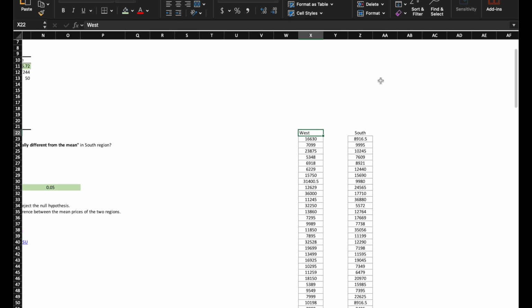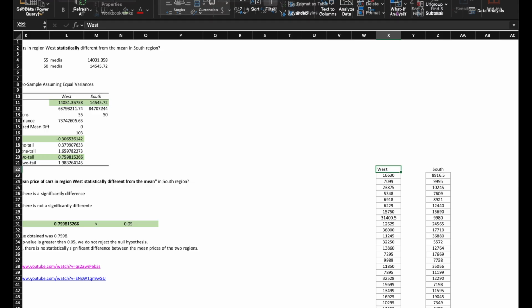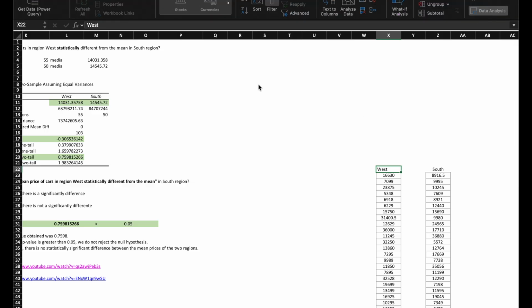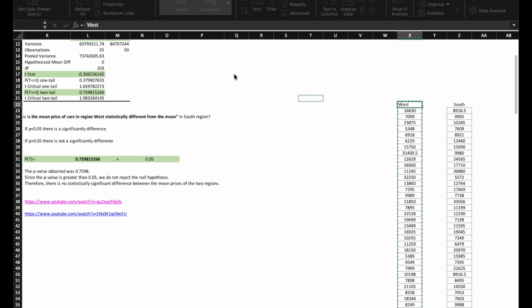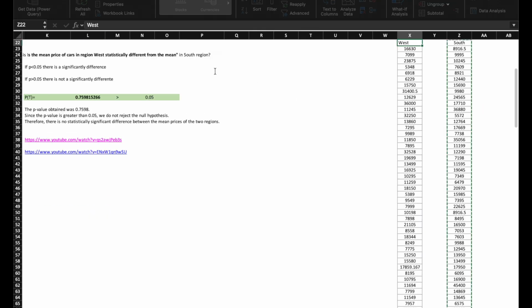Here I have the data, and then we go to data analysis. We will run a two-sample assuming equal variances test, and then OK, and then we select the data that we want to run, west and south, and then OK.